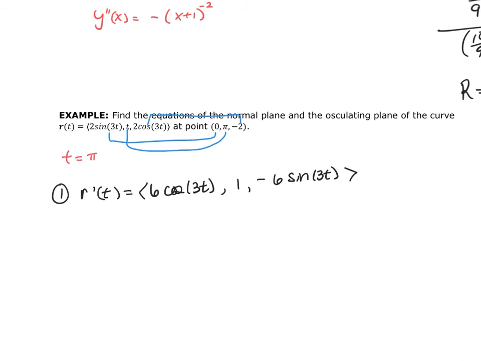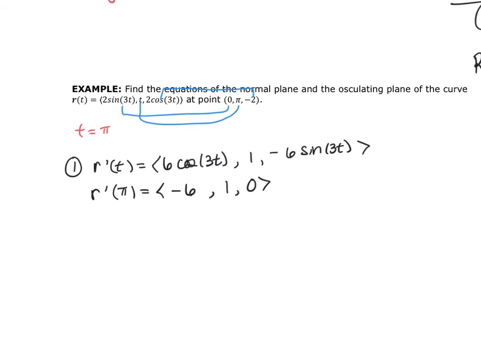I might as well evaluate it because I'm here. So r prime of pi is going to give me the cosine of 3 pi, which is negative 6, and then 1, and then 0. That's nice. We always like that.